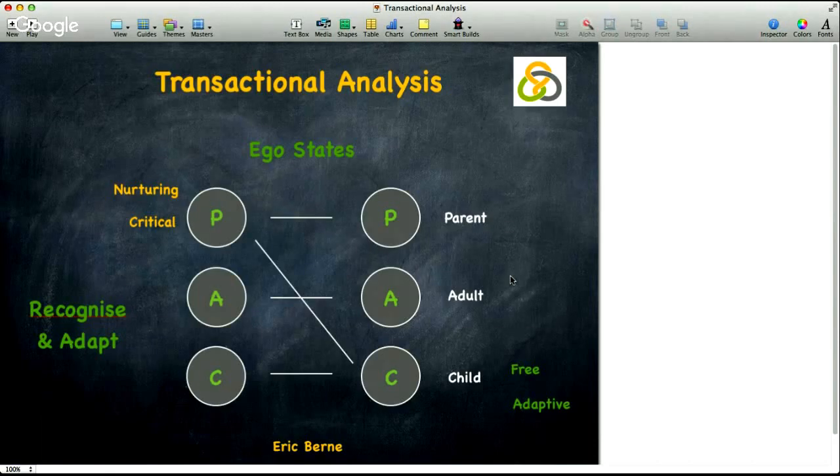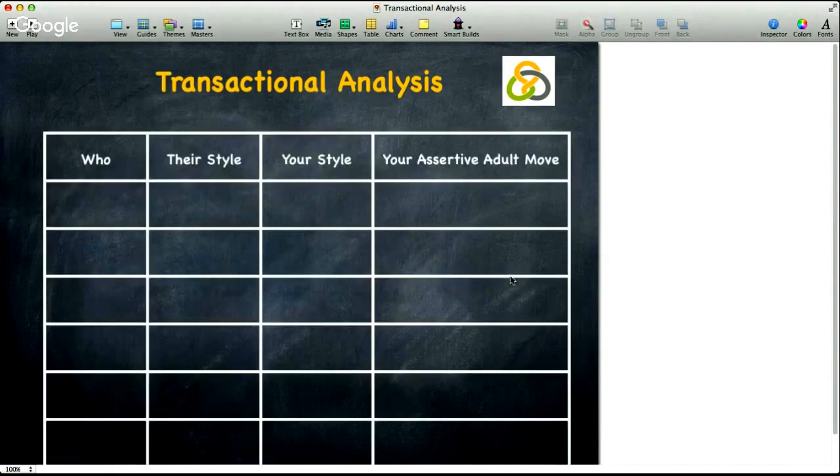So how do we need to use this? Well, when you know the theory, you can use transactional analysis to help you plan transactions. For example, we can identify what ego state would be most valuable for us to send a message from, and which ego state it would be better for it to be received by.